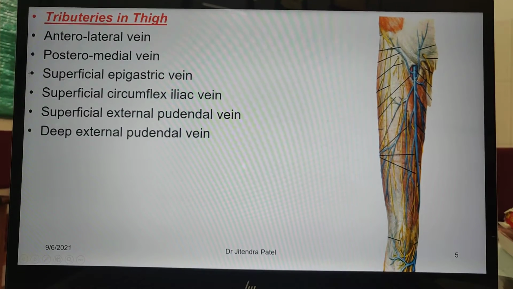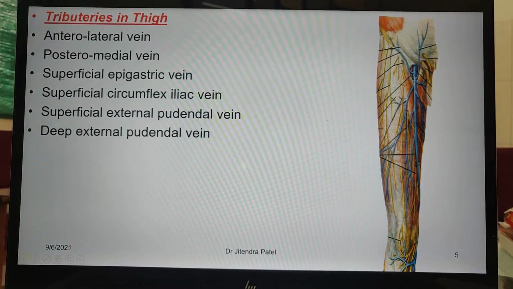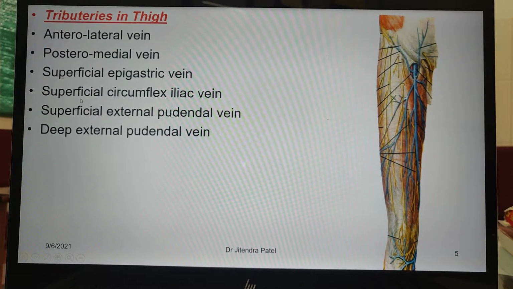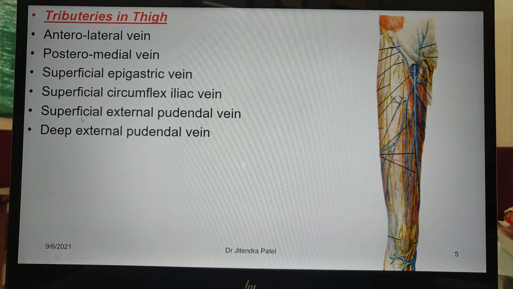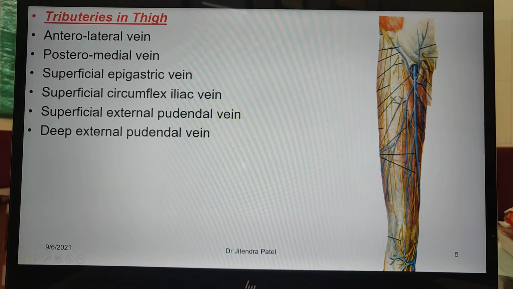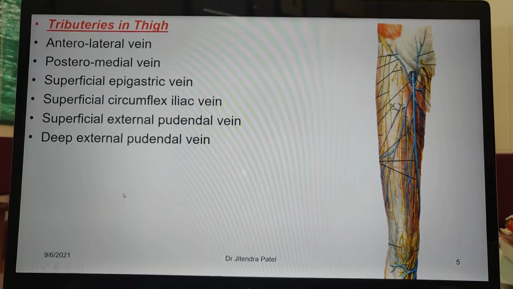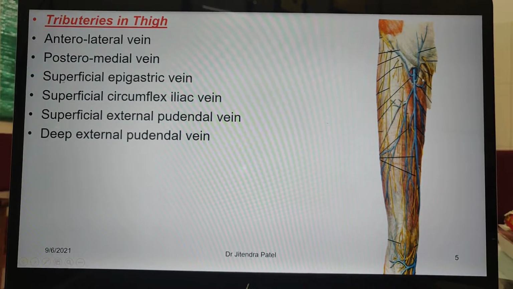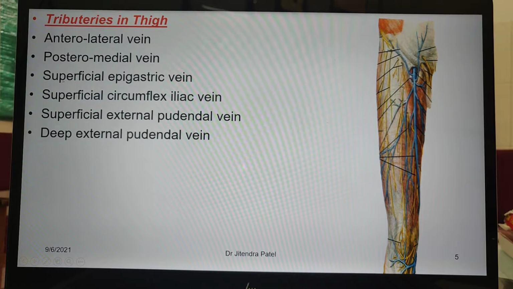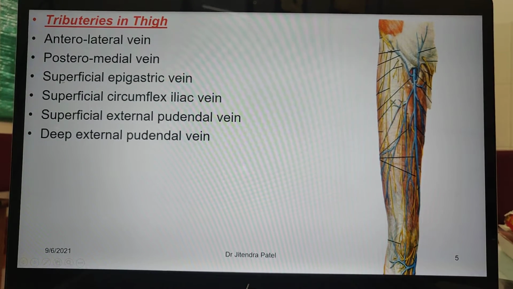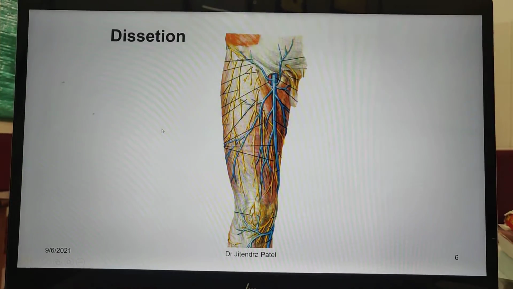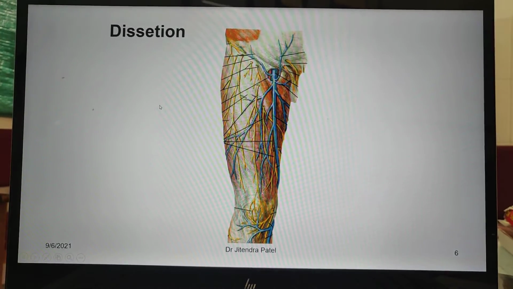Tributaries in the thigh: anterolateral veins, posteromedial veins, superficial epigastric vein, superficial circumflex iliac vein, superficial external pudendal vein, and deep external pudendal veins, which open into the great saphenous vein. Before opening into it, these veins pierce the cribriform fascia, which has many holes, and that is why it is called the cribriform fascia.